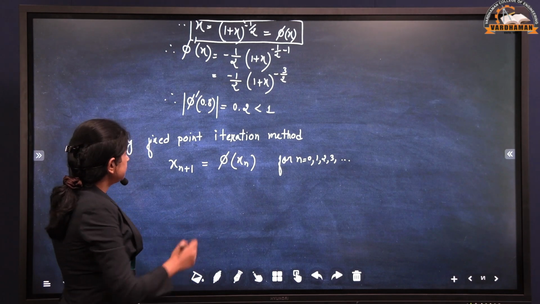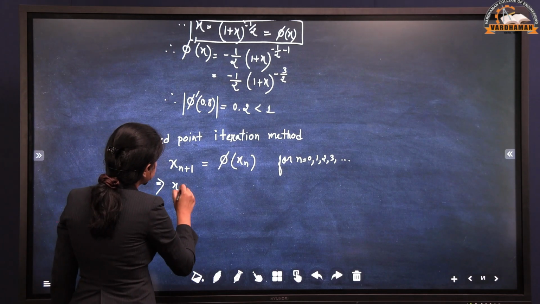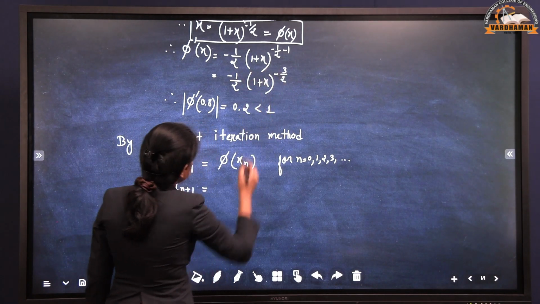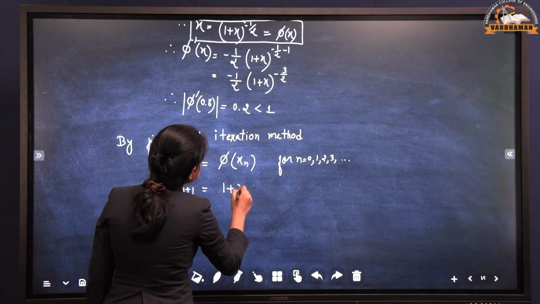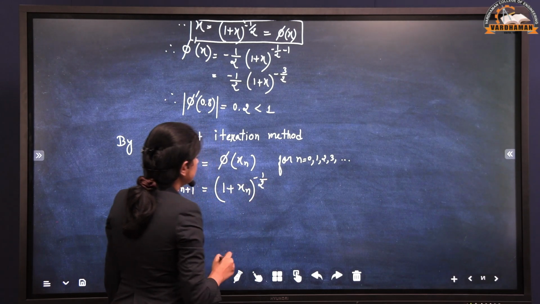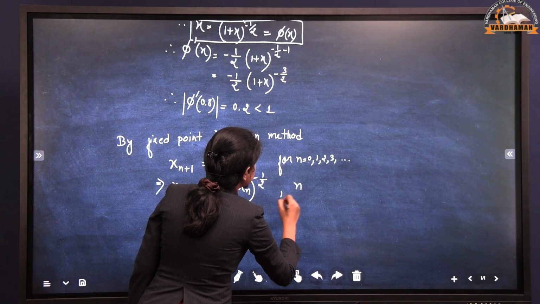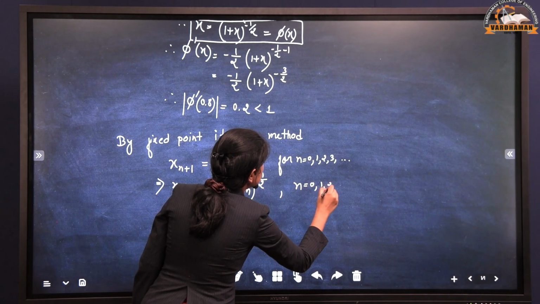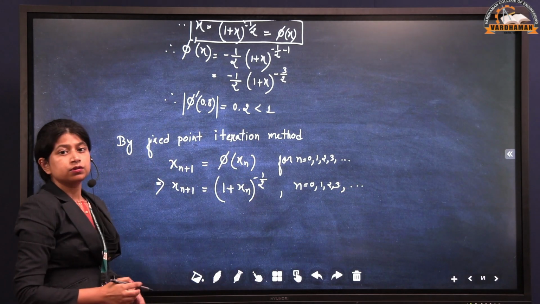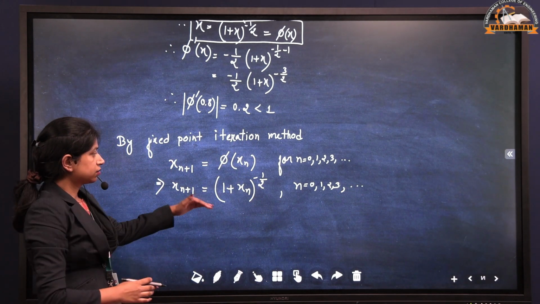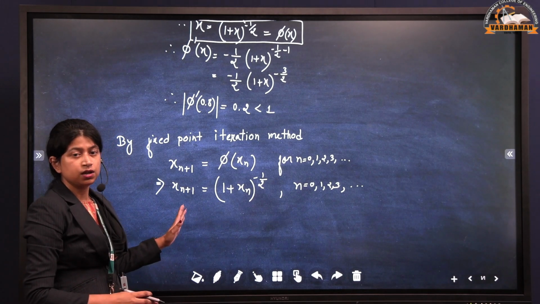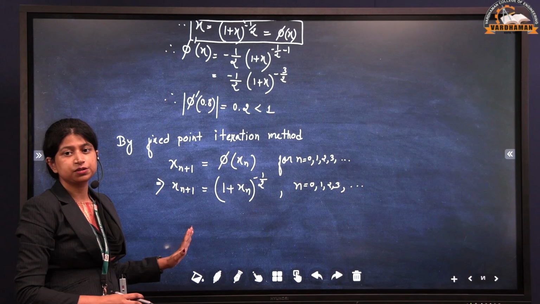So here x n plus 1 is the phi x, right? So here it will be (1 plus x n) power minus 1 by 2 for n equal to 0, 1, 2, 3 and so on. So now we can find the successive approximations using this one. This is by the fixed point iteration method.